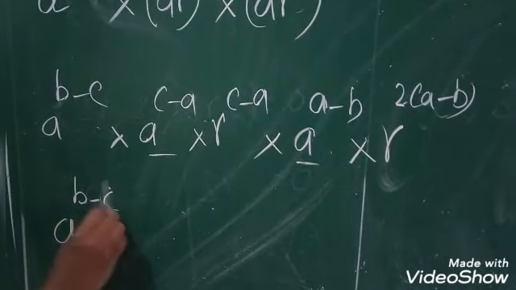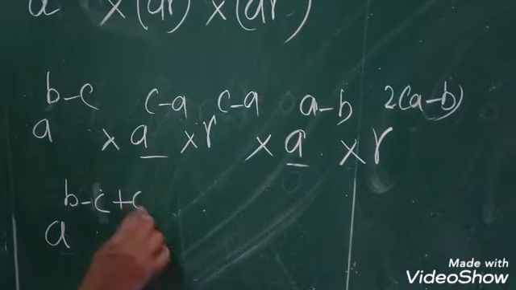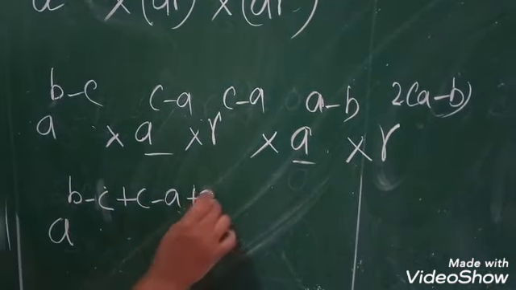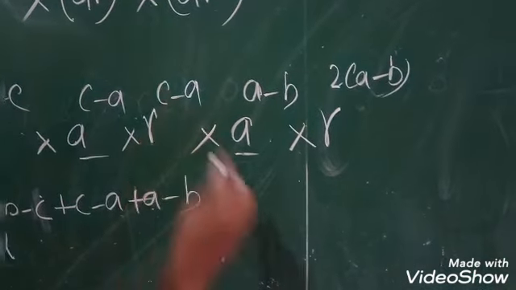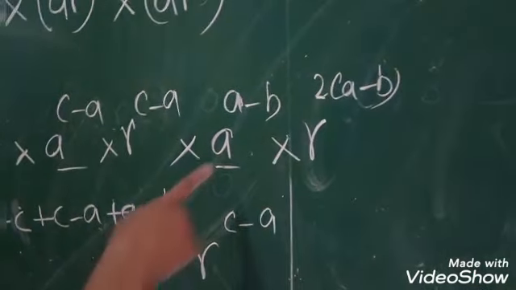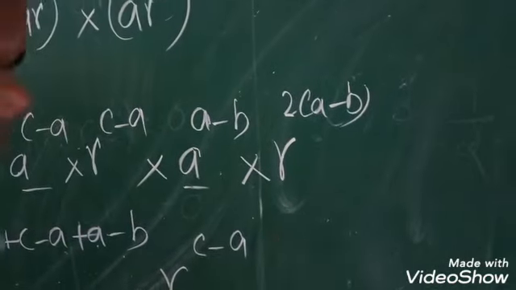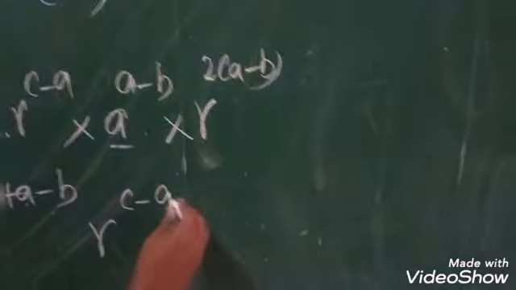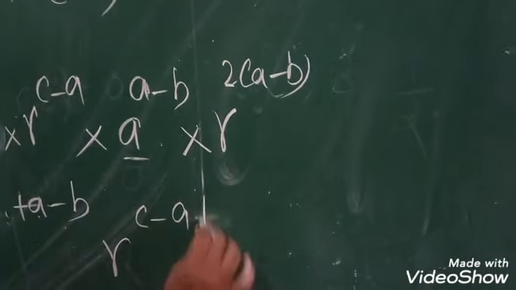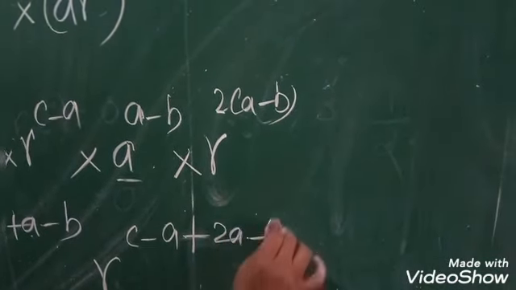B minus C, what next? C minus A, next what? A minus B. Okay, next you have to take R. R what? Here C minus A. Then next here, 2 times A minus 2B.